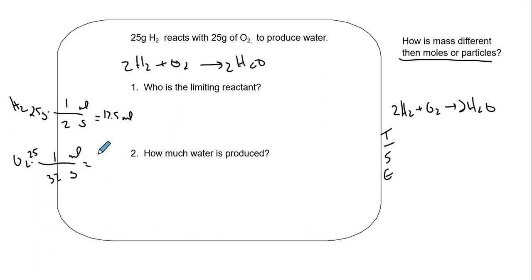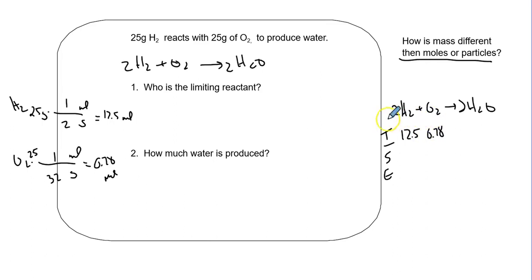Alright, so many people could probably estimate who is limiting just by looking at those masses divided by 32. I have 0.78 moles. So this is going to be here 12.5 and 0.78.